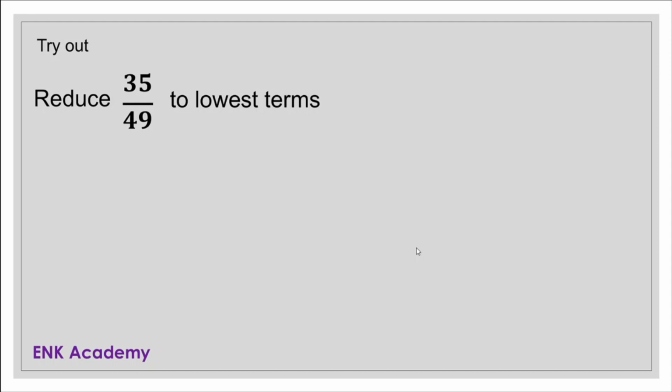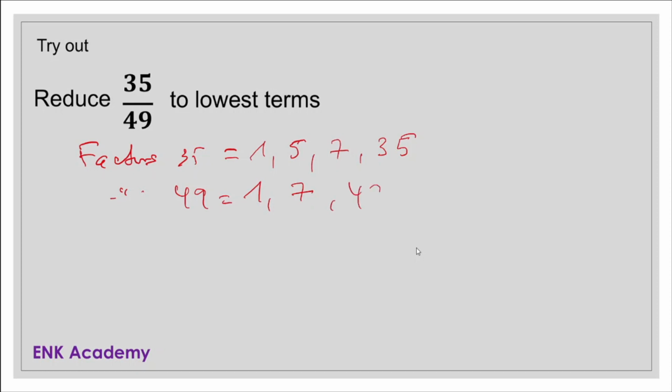We can try out this one. We can have the factors of 35 as 1, 5, 7, and then 35. If we get the factors of 49, that will be 1, 7, and then 49, and the greatest common factor will be 7.